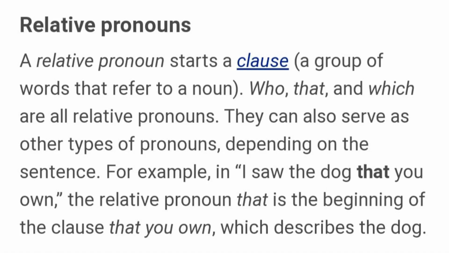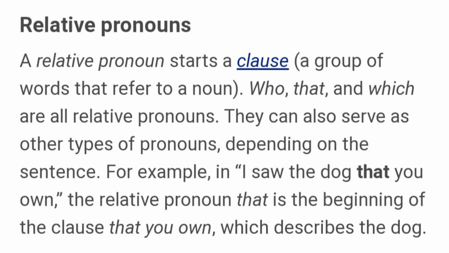Relative pronoun. A relative pronoun starts a clause, that is a group of words that refer to a noun. Who, that, and which are all relative pronouns. They also serve as other types of pronouns depending on the sentence. For example, I saw a dog that you own.